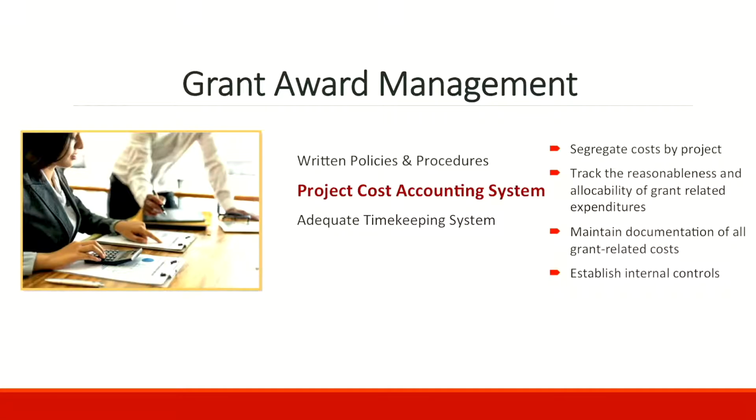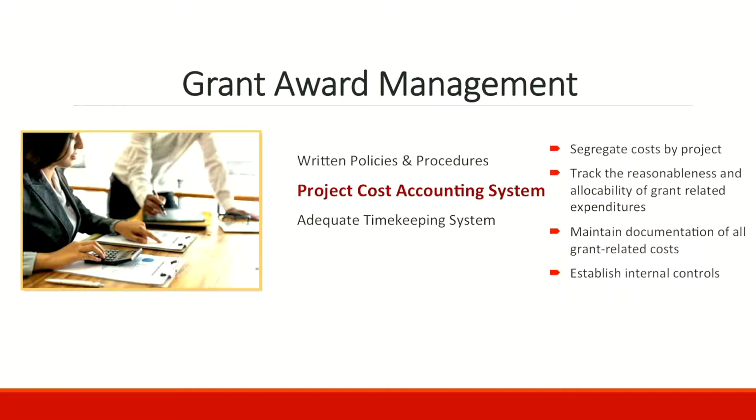The second thing that I said you needed was a project cost accounting system. That is something that an accountant who is used to grant compliance can do for you. This is very specific to grants, so a regular accountant is usually not an expert in it. You need someone who knows particularly about grant compliance.